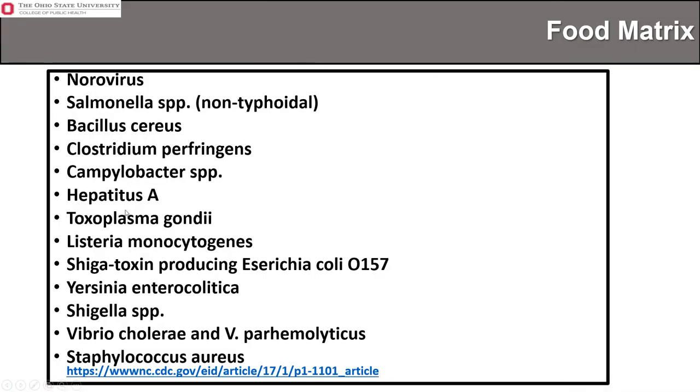But answering the question, what are some common agents involved as far as viruses? The norovirus would come to the top. So most foodborne illnesses are linked in the US to the norovirus, then followed by many of these, if not all of these, not necessarily in order, but norovirus being the most common one, but any one or more of these can be involved.